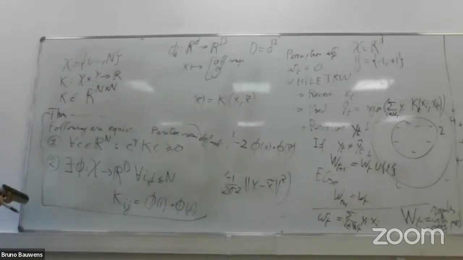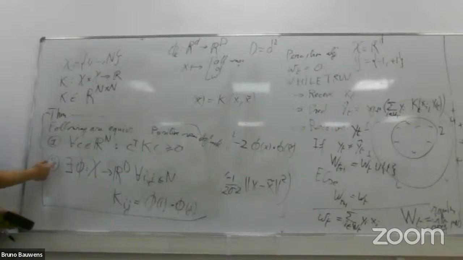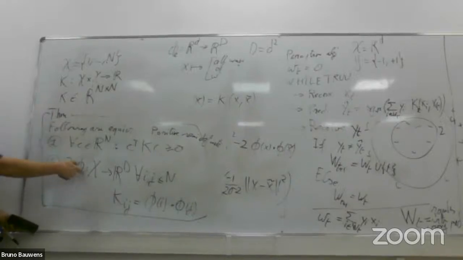Which direction is easier, you think? Just guessing by looking at the form of the statement. Yeah, from 2 to 1 is easier, because if we want to go down, we need to tell what phi is.